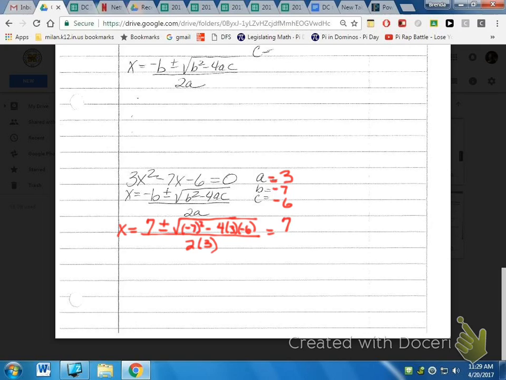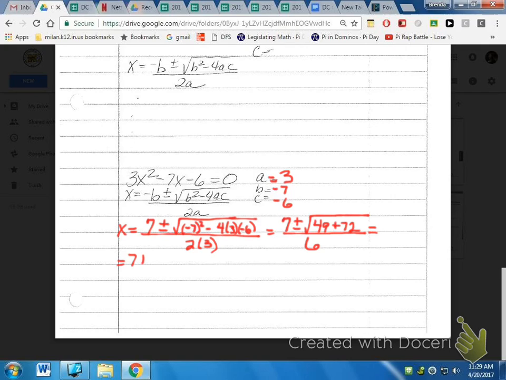So 7 plus or minus the square root of 49. And then if I look at this, it's negative 4 times 3 times negative 6. 4 times 3 times 6 should be 72. So plus 72 all over 6.